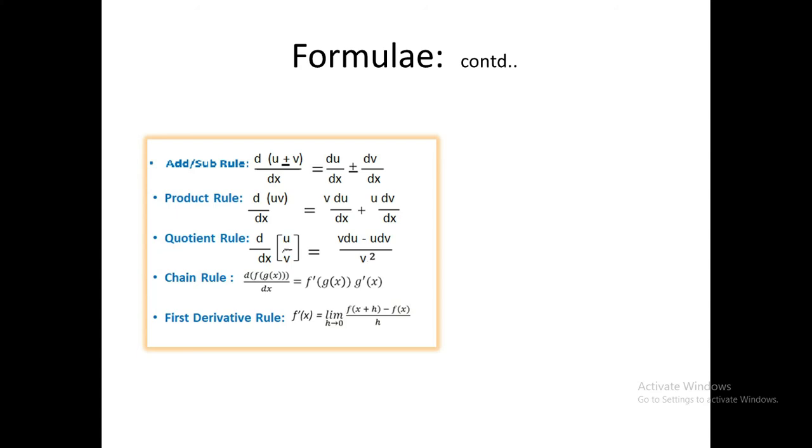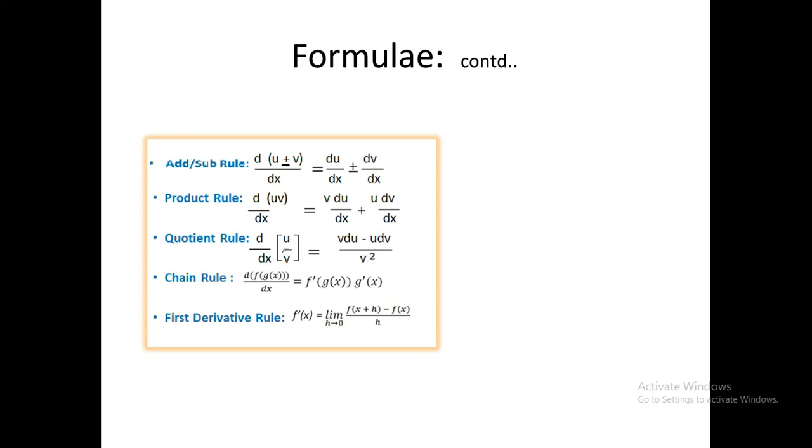Now there is the chain rule. What is the chain rule? There can be functions within a function. For example, say there is a function g of x. That g of x becomes an input when you go for the function f. So if you put g of x equal to y, then it becomes f of y. That is how you should read it.